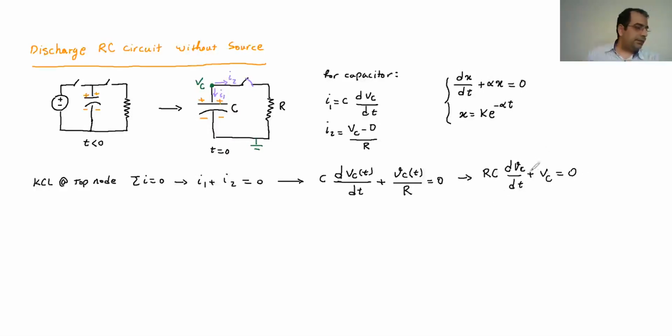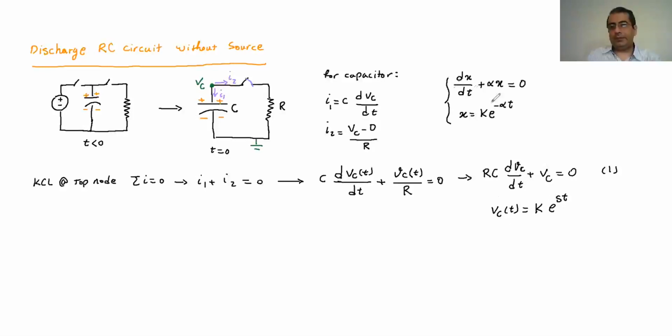The answer for this equation, if I call it equation 1, has the format of VC equals K e to the power of st. V is the voltage, t is the time, and K and s are constants that we have to find.